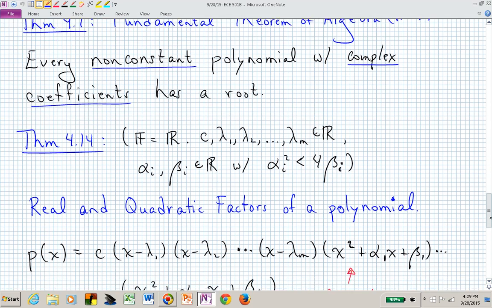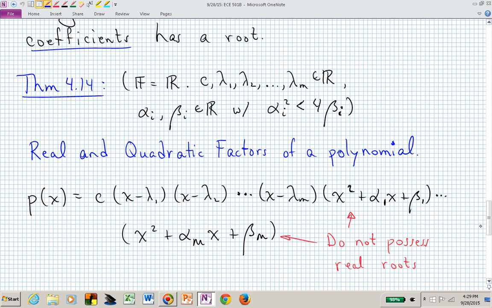Here is sort of the other side of that. This is theorem 4.14, and now we're dealing with reals: real coefficients, real variables, and now we have real and quadratic factors of the polynomial.